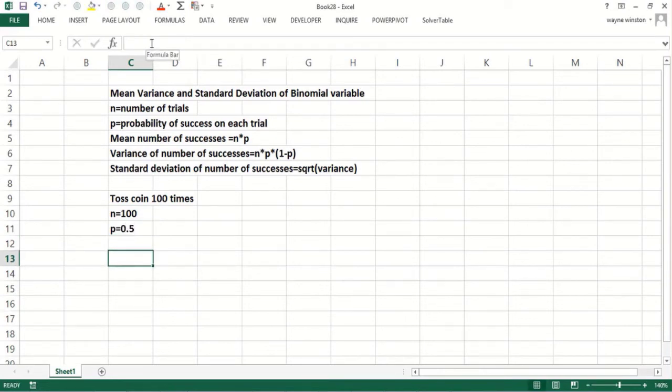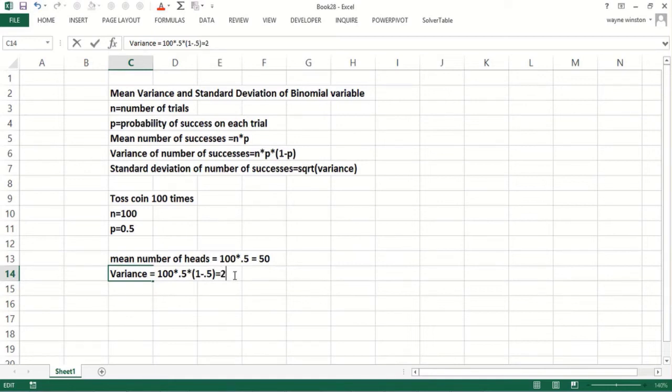So the mean number of heads, we call a head a success, is 100 times 0.5, which is 50. On average, you get 50 heads. Now the variance is 100 times P, which is 0.5, times 1 minus 0.5. And that's 50 times 0.5, which is 25.